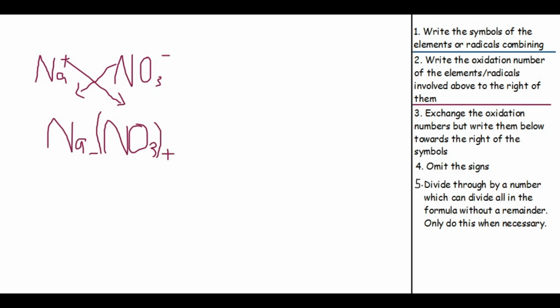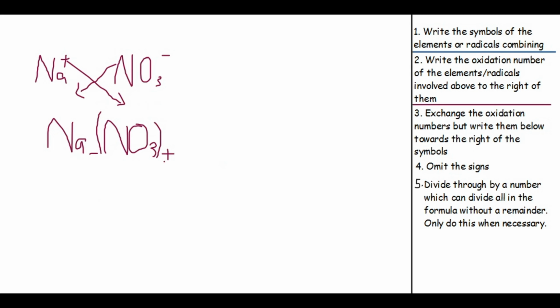Now I'm putting it in a bracket because the positive sign is affecting everything in the brackets. Like in math, we'll have something like 2 times the bracket x plus y. This whole bracket is taken to be like a single entity that is attached to these two, and that's how it is in this chemical formula.